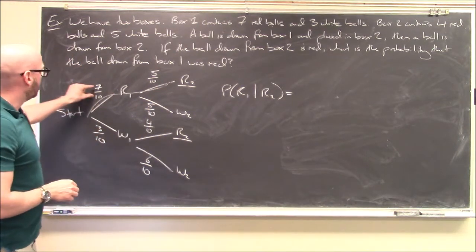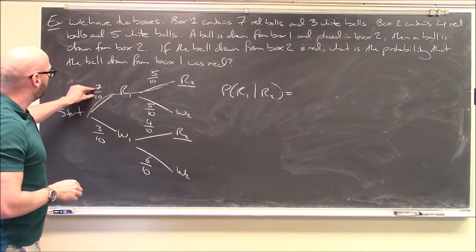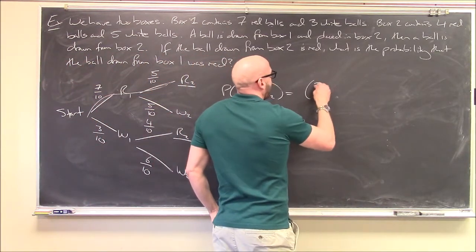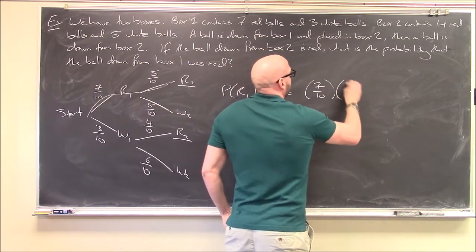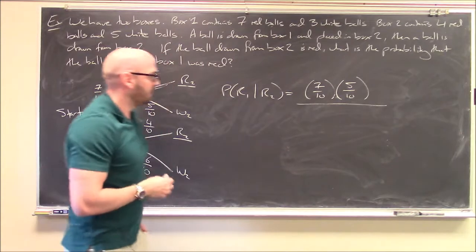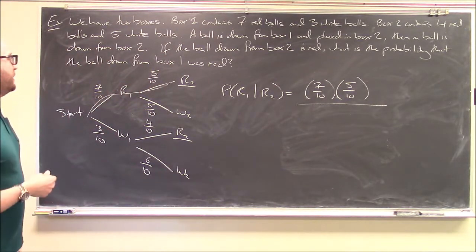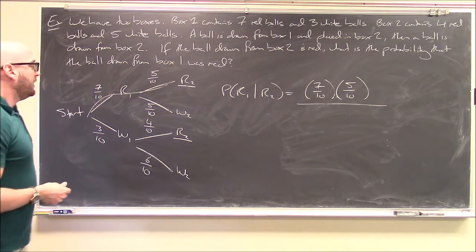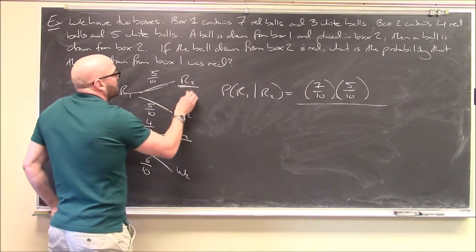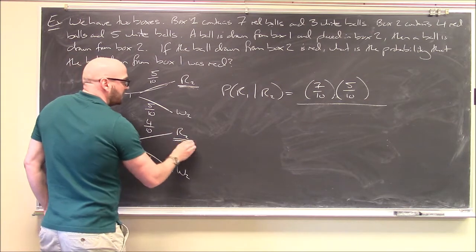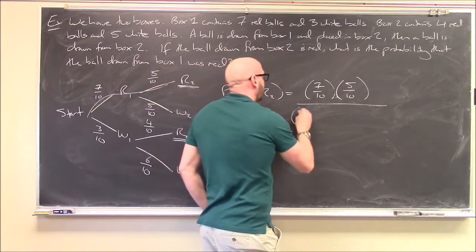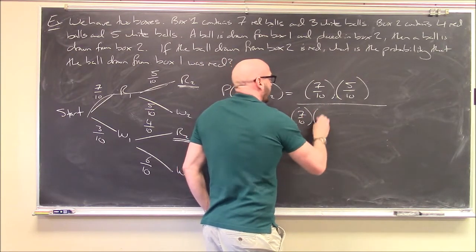And the branch product here is just 7 over 10 times 5 over 10. You can go with decimals here if you want. You could write that as 0.7 and 0.5, but I'll go 7 over 10 and 5 over 10. Divided by the sum of all the different paths, the probabilities of all the different paths that lead to this later event R2. So we still have this first one. We've got 7 over 10 times 5 over 10.